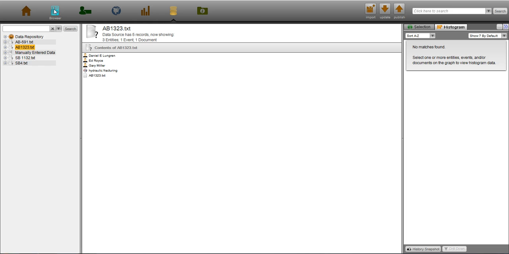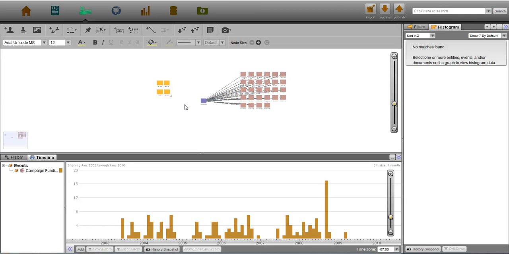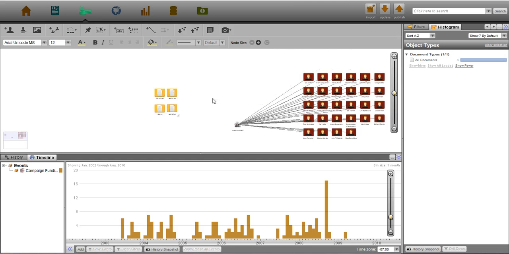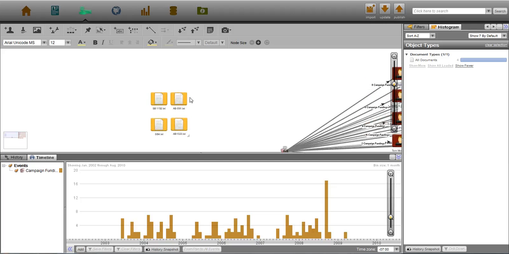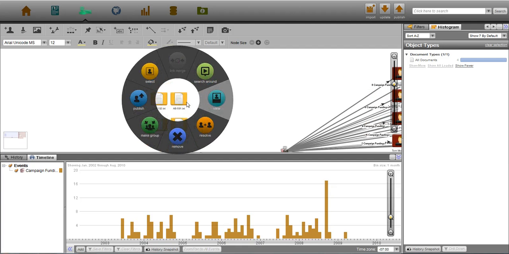But I also tagged all of the relevant entities and events in them, and I've actually already dragged them onto my graph. So what I want to look at here is I want to see if there are any links between Chevron and these 4 pieces of legislation.